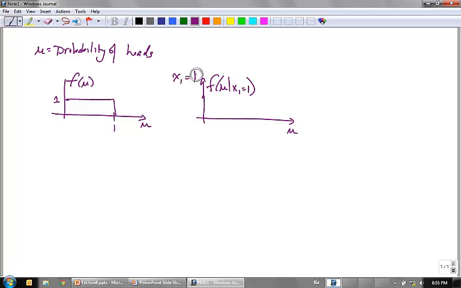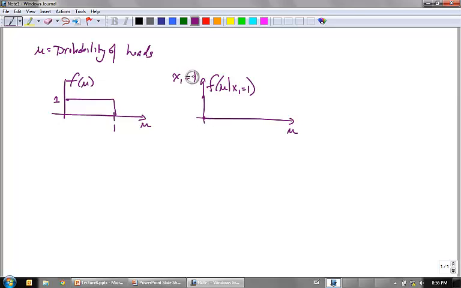But now that I've seen a 1, I know it's definitely possible for me to get a 1. So there's no way the probability of heads is equal to 0. That suggests that the probability distribution of f of mu given x1 is equal to 1 should be 0 at this point, because that's impossible. I've ruled that out by observing a heads.